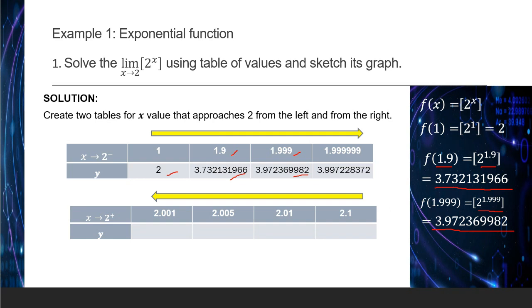Next, how about if x is 1.99999? So this is equal to 2 raised to 1.99999, that is equal to 3.997228372. Okay.